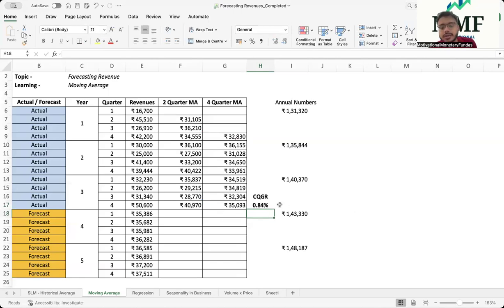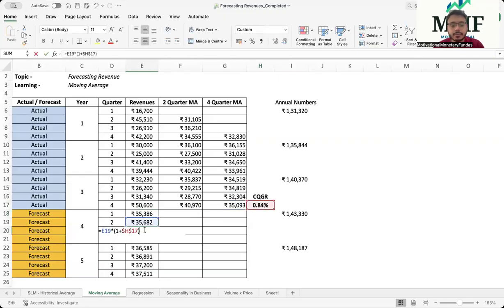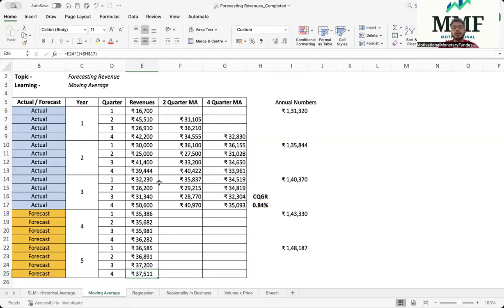I got a 0.8% compounded quarterly growth rate, and with this percentage I increased it. All my quarterly revenues are growing by this percentage. See, this previous number into 1 plus compounded quarterly growth rate. That's it. So sometimes you need to represent the numbers in such a way in front of your management and clients. We're talking about the quarterly numbers.